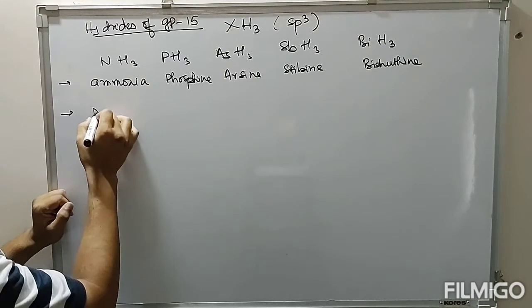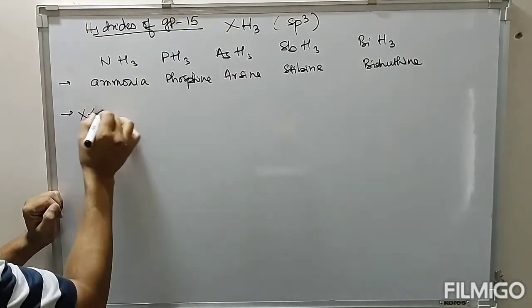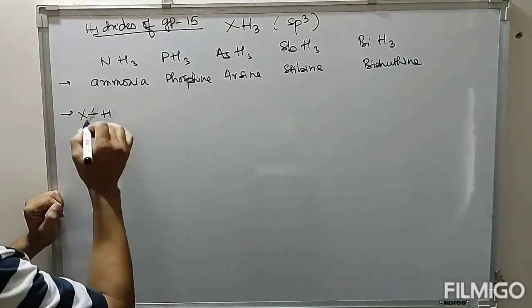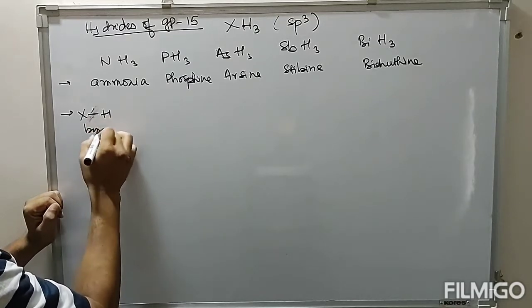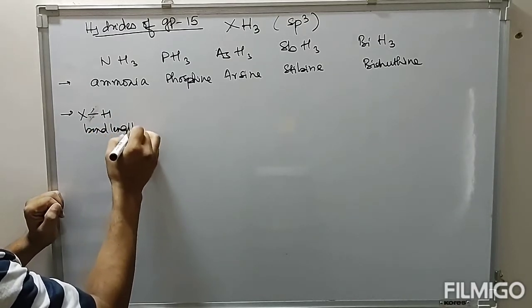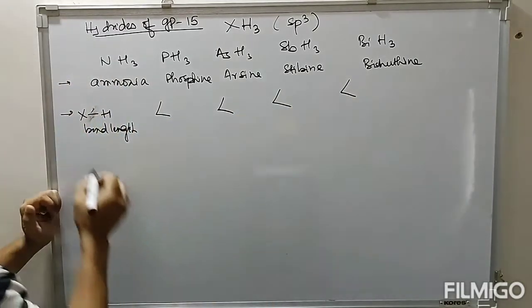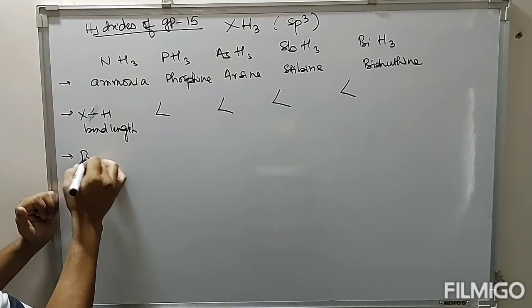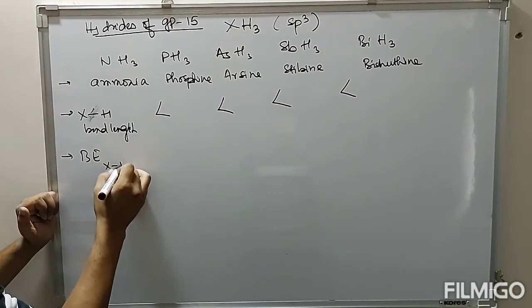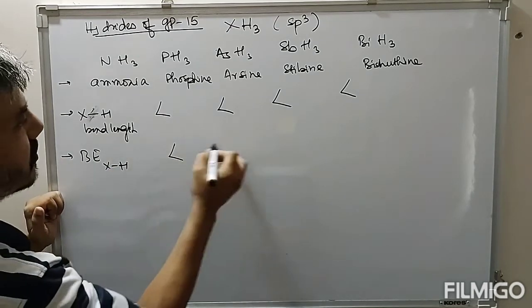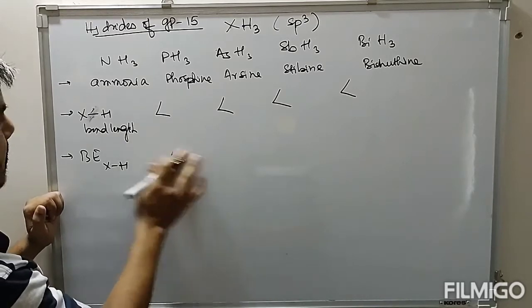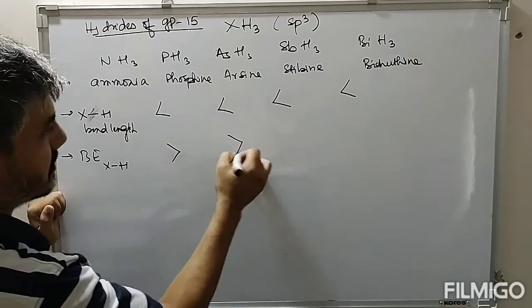So from nitrogen down, the X-H bond length increases. As the bond length increases, the bond energy of X-H also decreases.